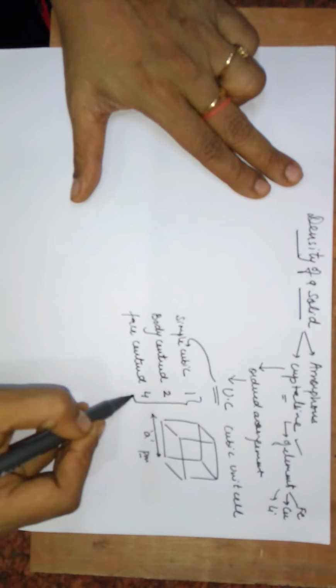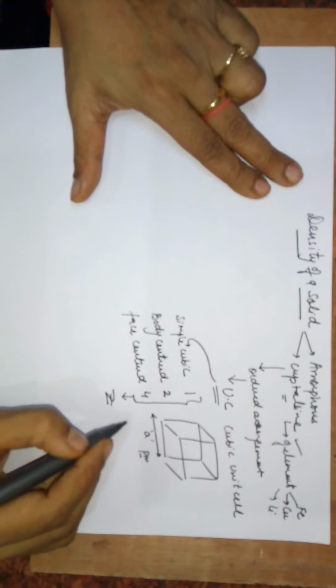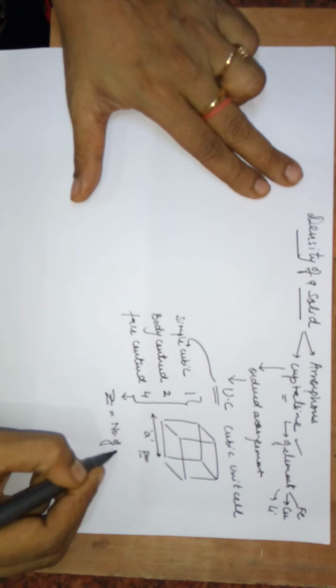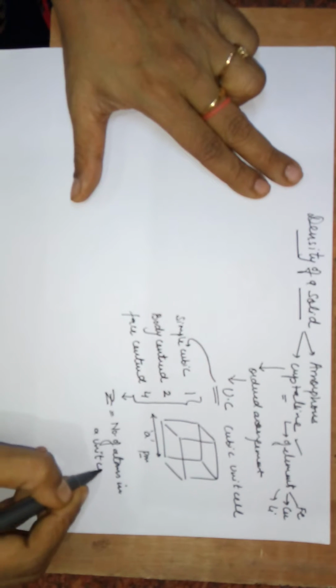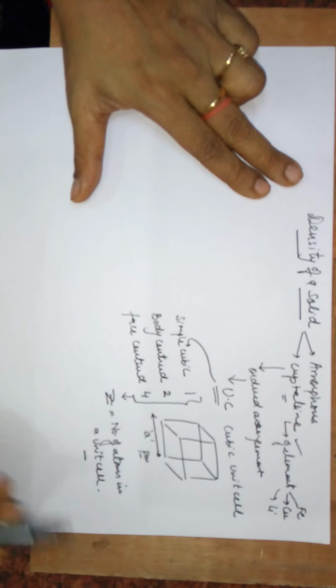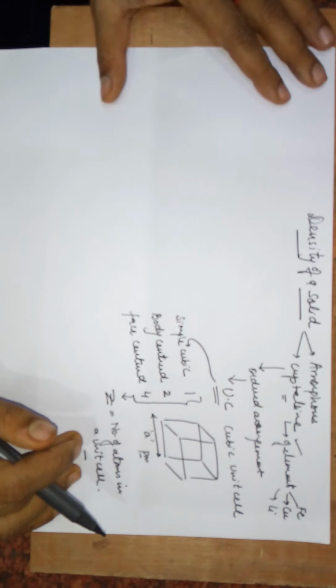These three values are also written as Z, which is equal to the number of atoms in a unit cell. I'm not going into the details of how we get these numbers because we are presently talking about the density of a solid.